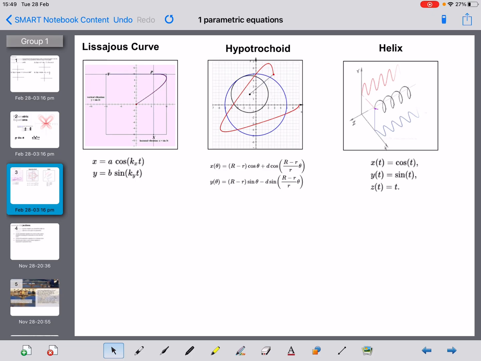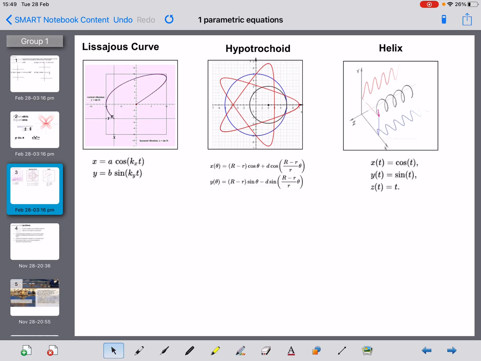We also have the hypotrochoids. Again, much more complex graphs than you will be looking at in the A-level syllabus, something you might look at in your degree. And then the one on the right is in 3 dimensions. There are 3 parametric equations where the parameter is t, and that's tracing out what we call the helix.